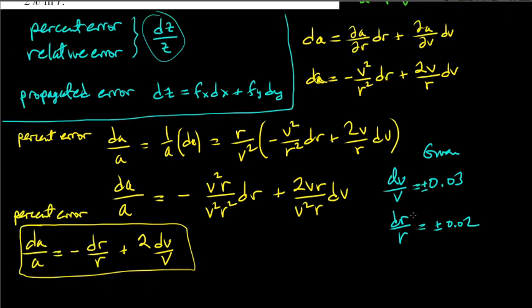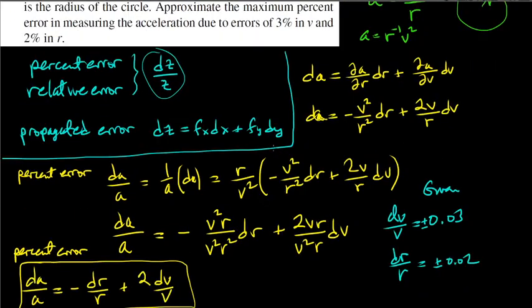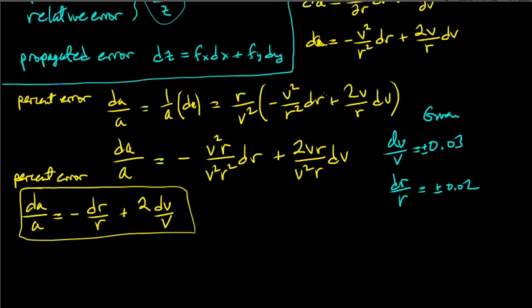Okay, good enough. So now the question is asking for the maximum percent error in a. So we want to find the maximum percent error in the acceleration. So we have negative dr over r.